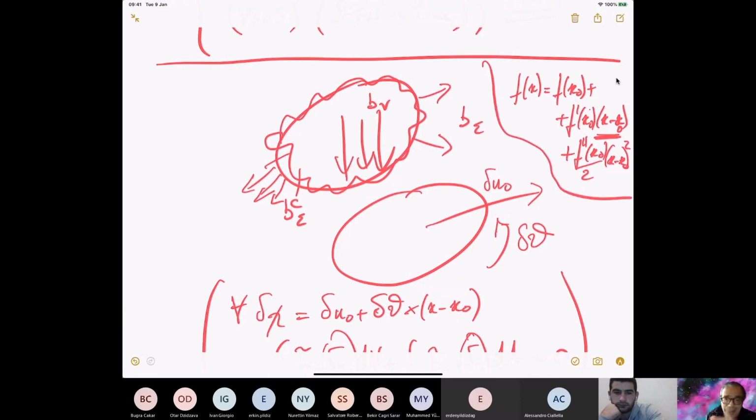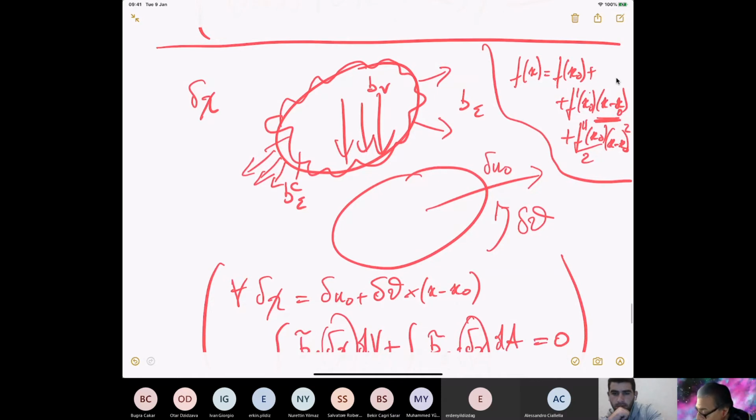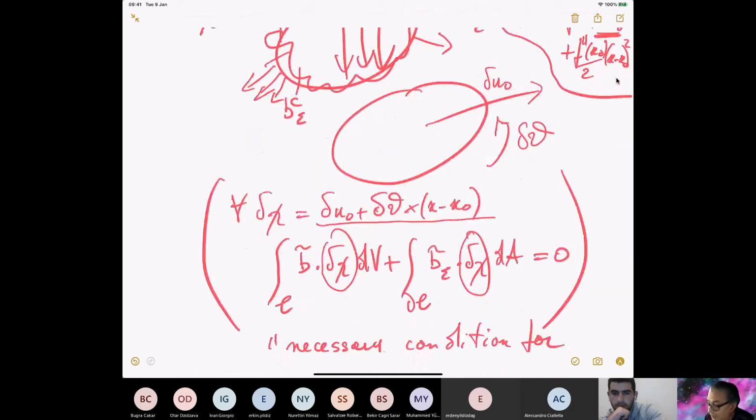So I vary a little bit the independent variable. How do I vary it? Considering a generic delta key. For every delta key, the energy must increase if I am in a stable equilibrium. In particular, if I consider rigid displacements, the energy must increase.